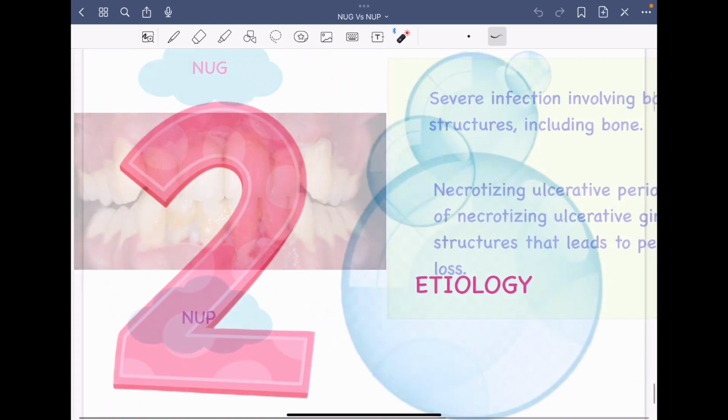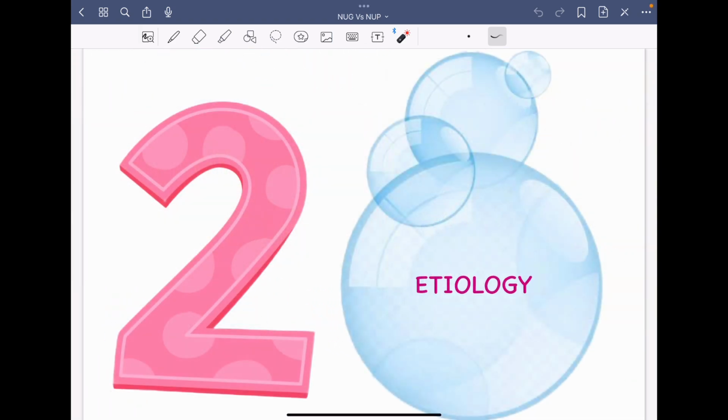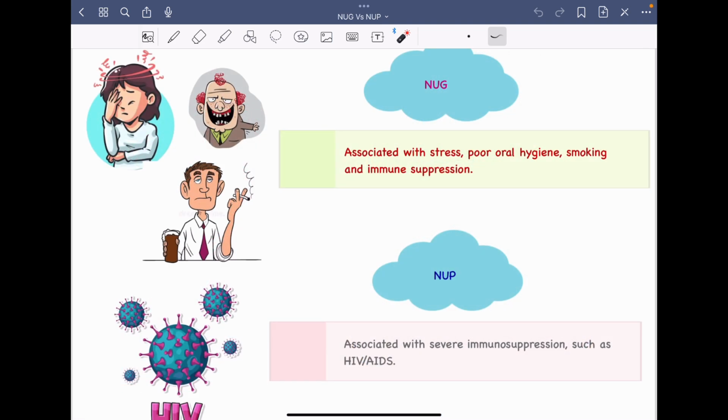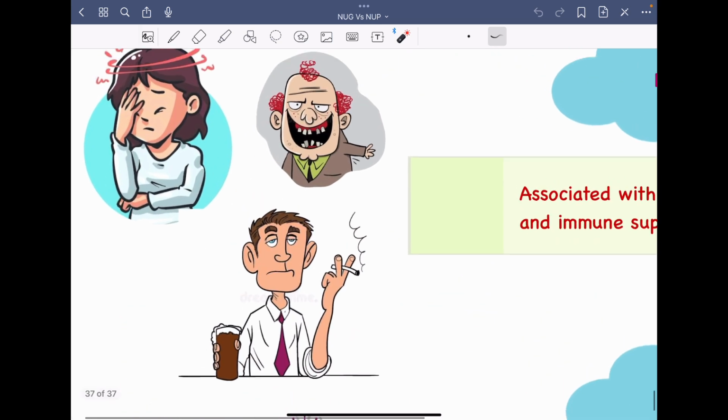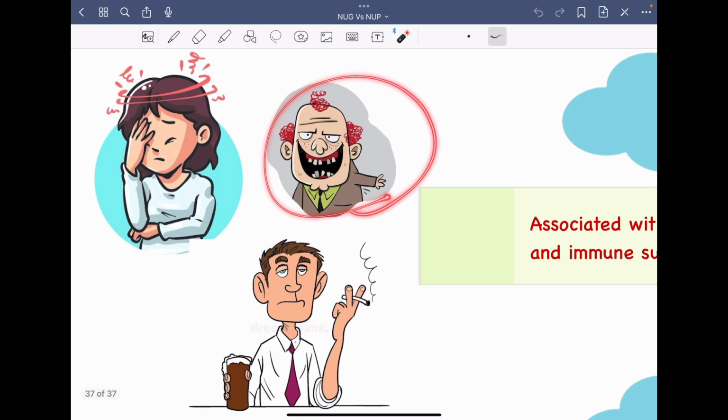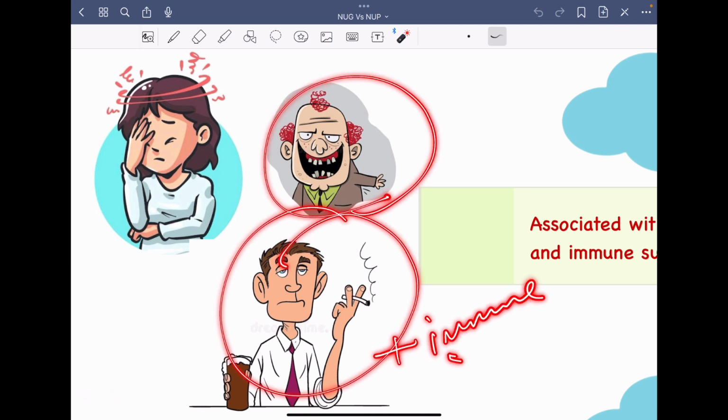Okay, moving on towards our second differentiating point, that is based on the etiology of these diseases. So necrotizing ulcerative gingivitis is associated with stress, right, poor oral hygiene, smoking and marked immune suppression.